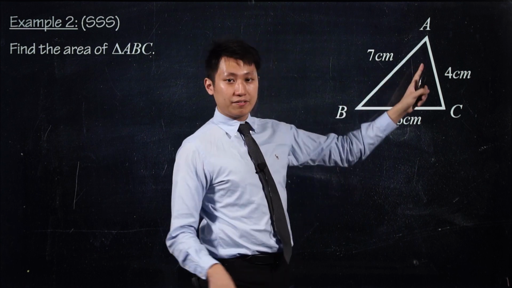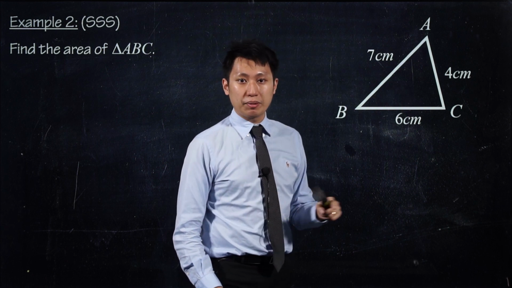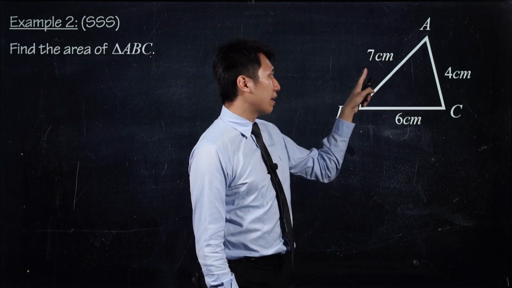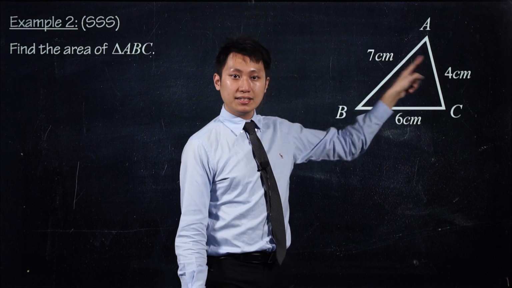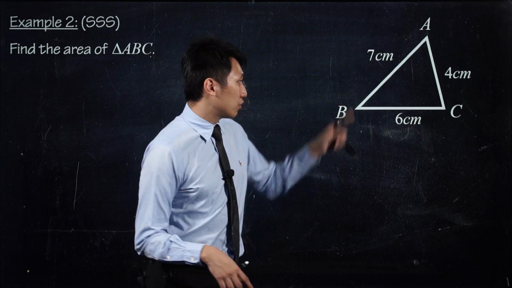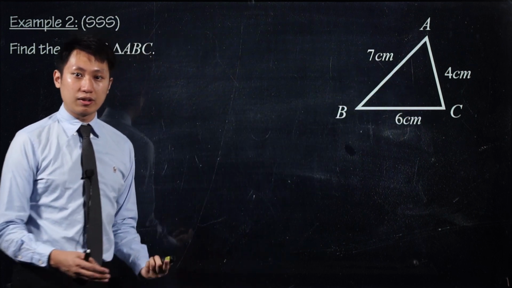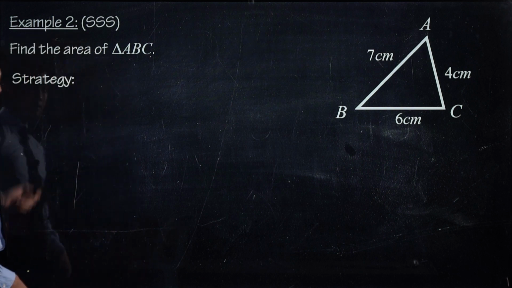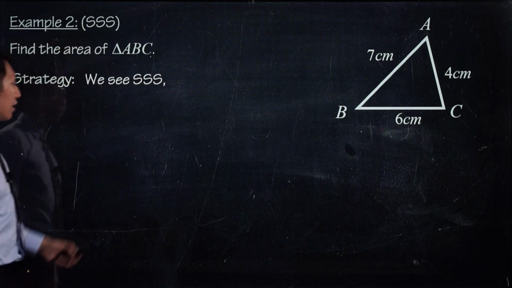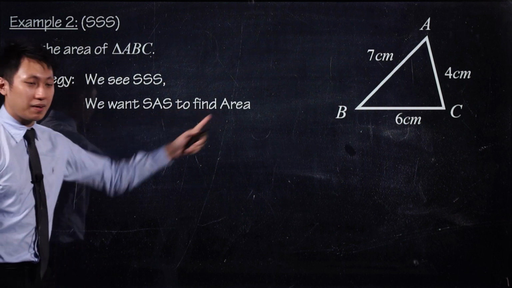If I know any of the angles, let's say I know A, can I find the area? Yes, because from SSS, I become SAS. With SAS, I can use the area formula for this chapter: half, two sides multiplied, then sine of the middle angle, the included angle. Strategy here: if we see SSS, we want SAS to find the area.